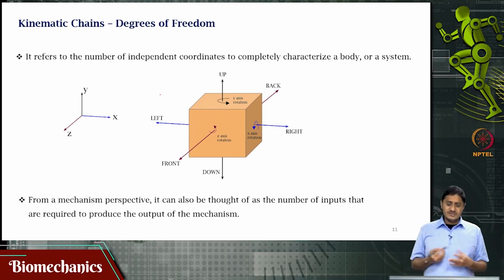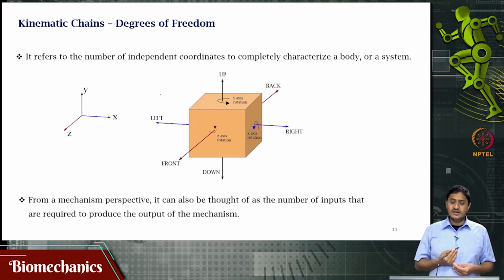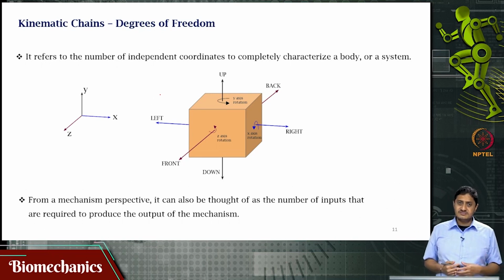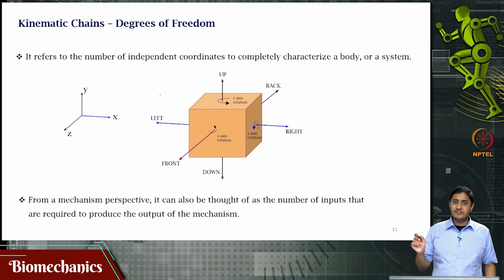So, from a mechanism perspective, if you are looking at degrees of freedom, it is the number of inputs that are required to produce the output of the mechanism. If you have a mechanism, how many inputs do you need to produce a particular output?